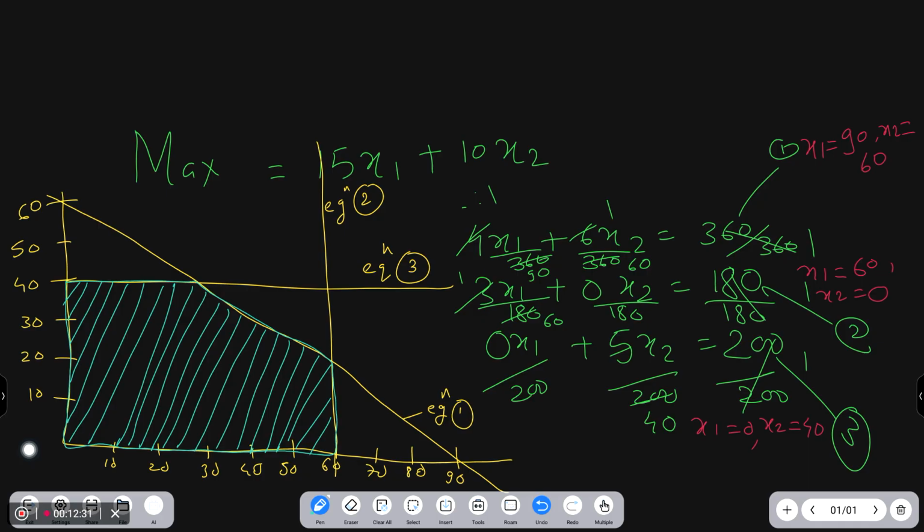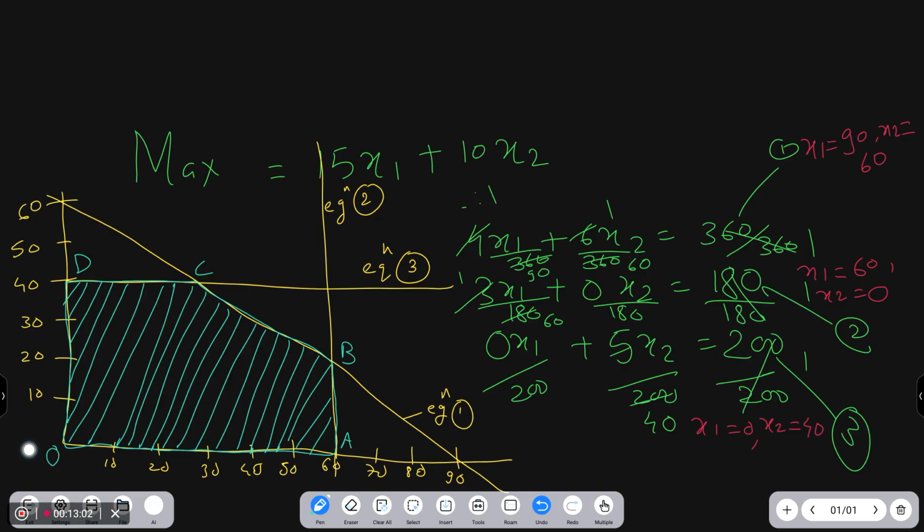Now I will name this point O, this one A, this one B, this one C, and this one D. The next important step after plotting a graph is to check the feasibility of that graph, whether the obtained region is feasible or not.